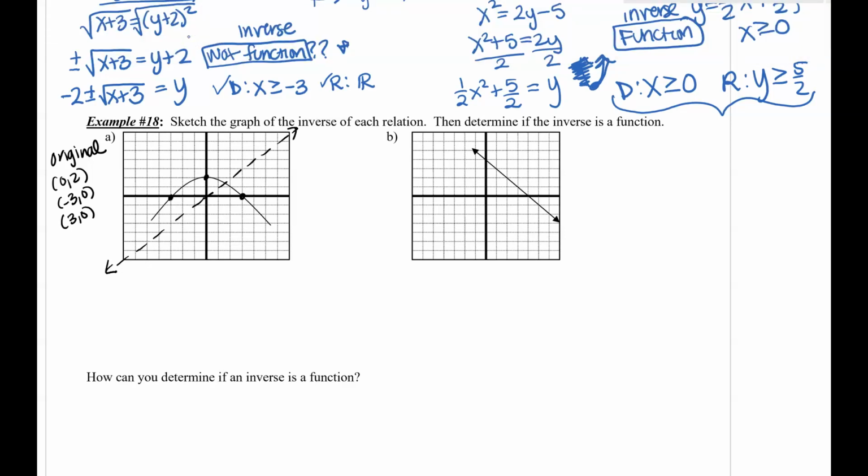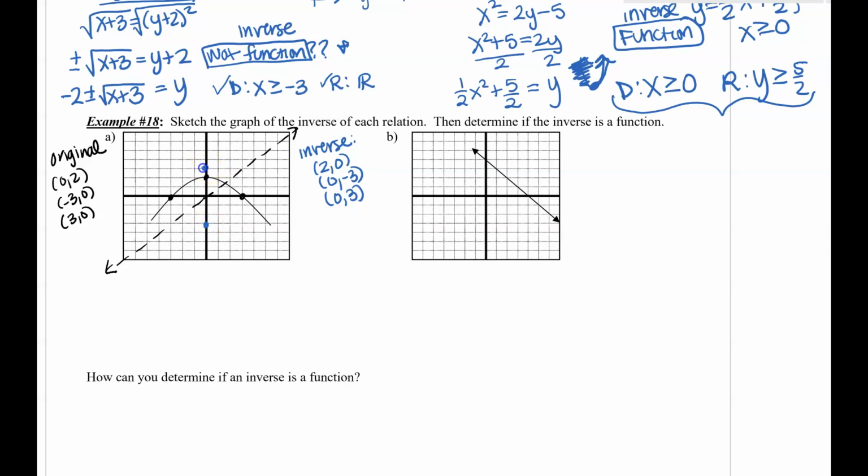I know I'm supposed to reflect it, but sometimes my spatial ability is not so great. So the inverse I know should reflect over this line, but if I struggle with that, I can also invert the points. So I know I should have the point 2, 0, 0, -3, and 0, 3. So that might help guide me a little bit. Like here's 0, -3.